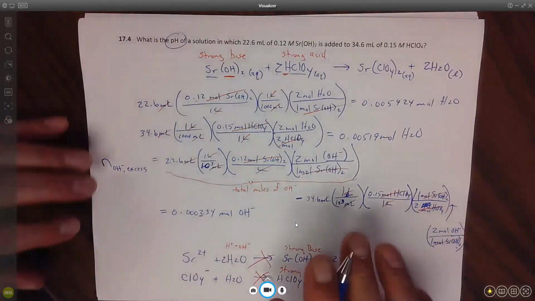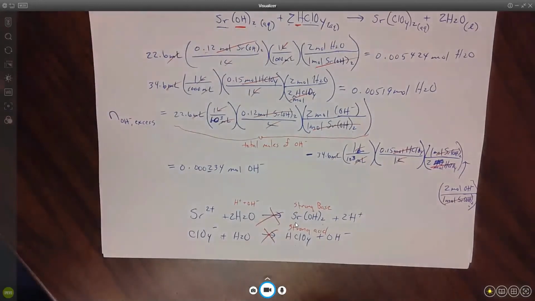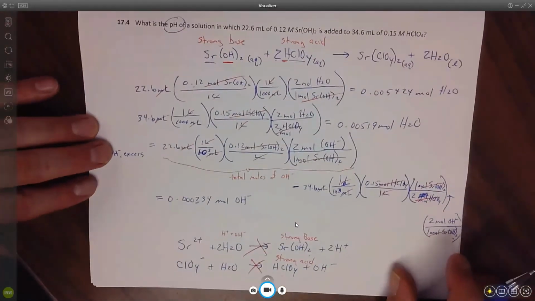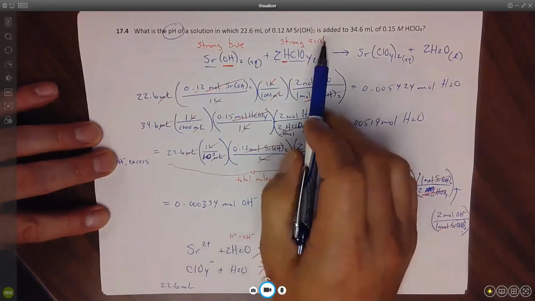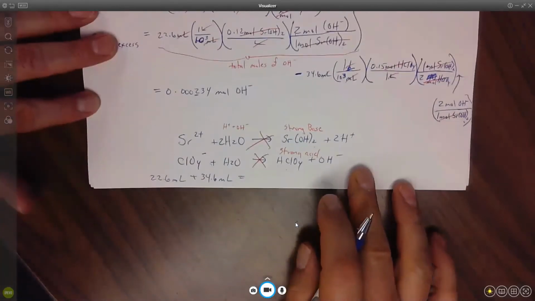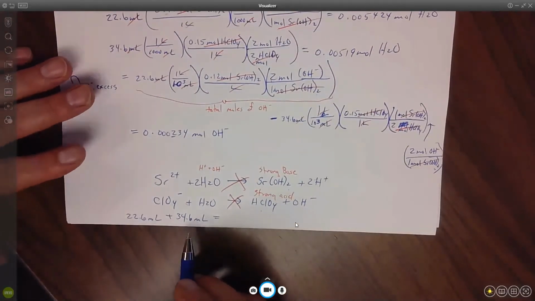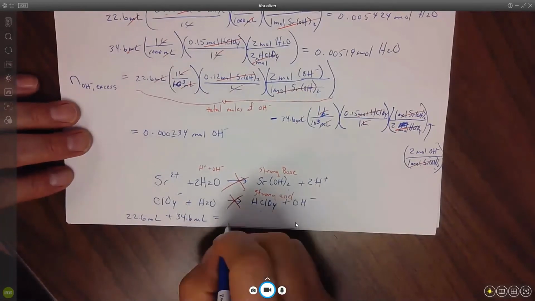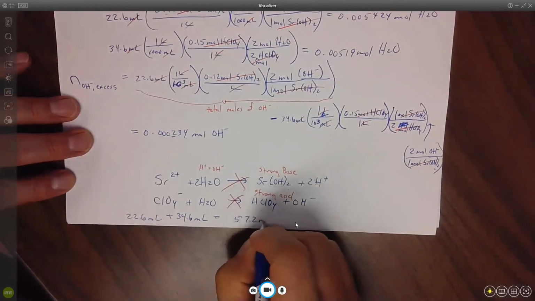So this is gonna be all over the place. Very poor page management here. So I'm gonna take the 22.6 milliliters and add that to the 34.6 milliliters, so that the actual total volume then is simply the sum of those 2 volumes, which will be 57.2 milliliters.